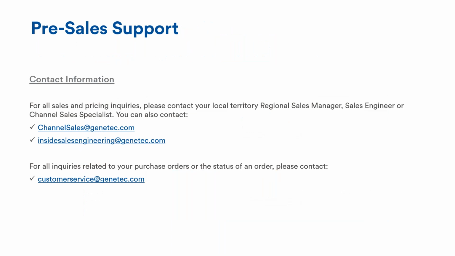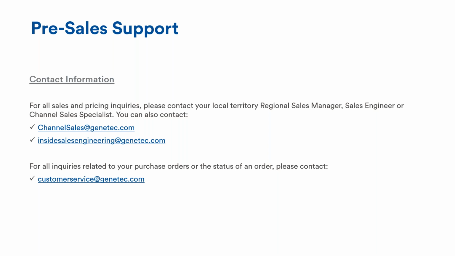So for contact information, for quoting and orders, that would be channelsales@genetec.com. If you need help with system designs or bills of material in general, you should be contacting your regional sales engineer for that information.